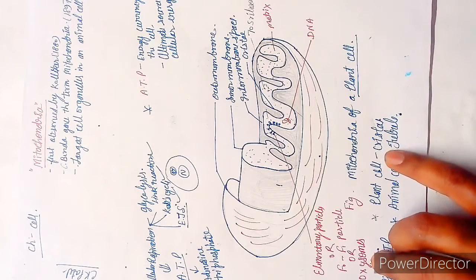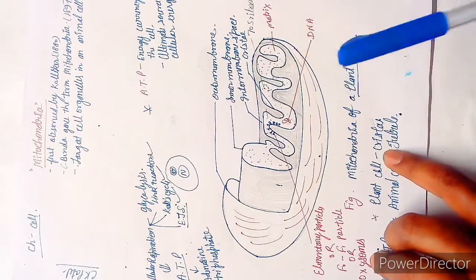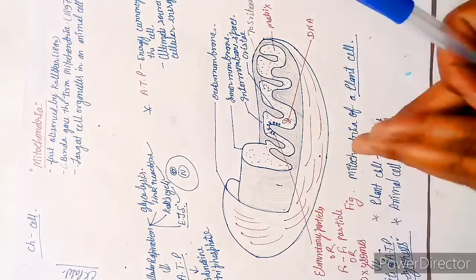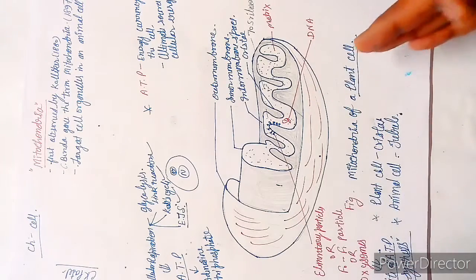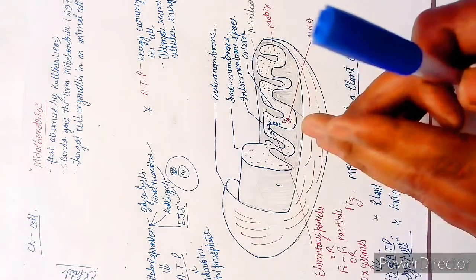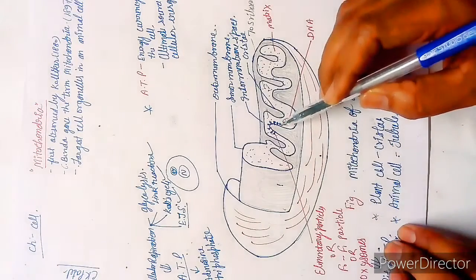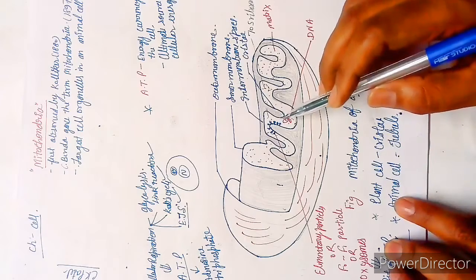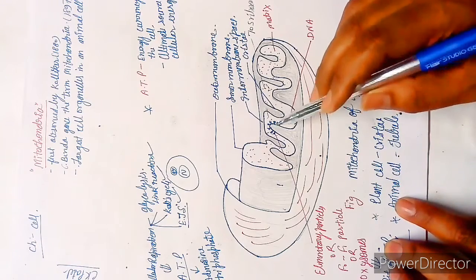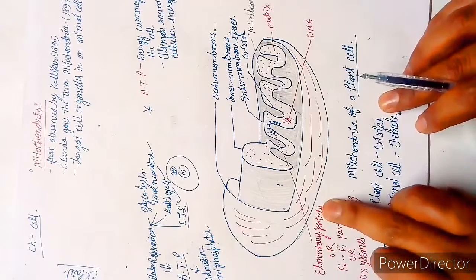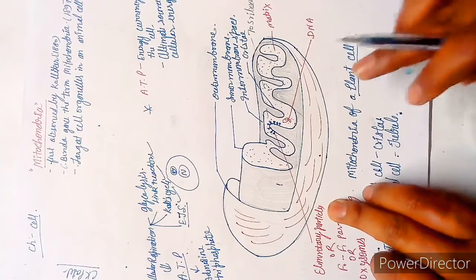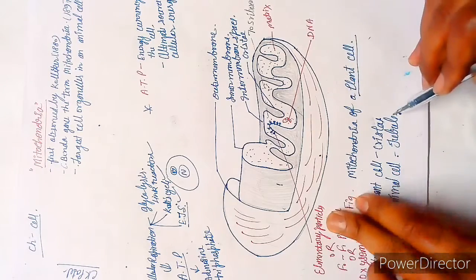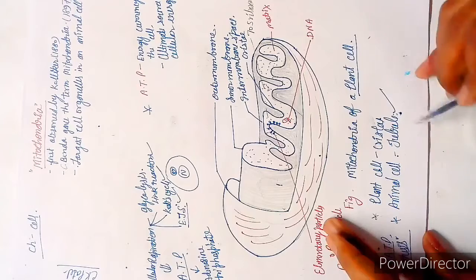And actually the difference is in their structures. Structure means cristae are compactly arranged, but tubules are not completely arranged. And on the surface of the inner membrane there is one more structure present called elementary particles. One more thing students, elementary particles are clearly visible in the case of animal cell, on the tubule.